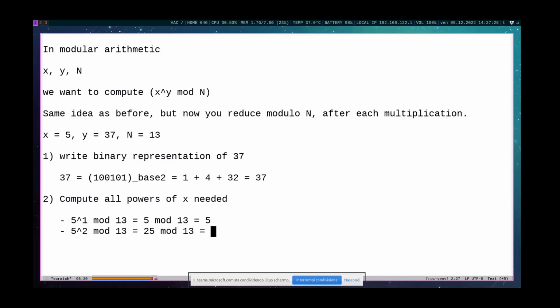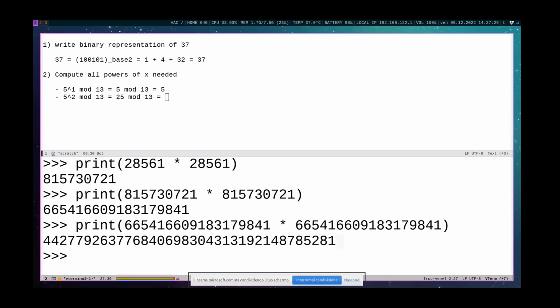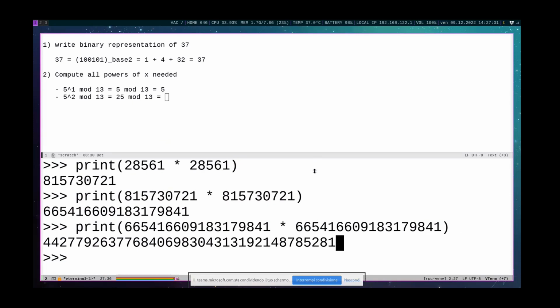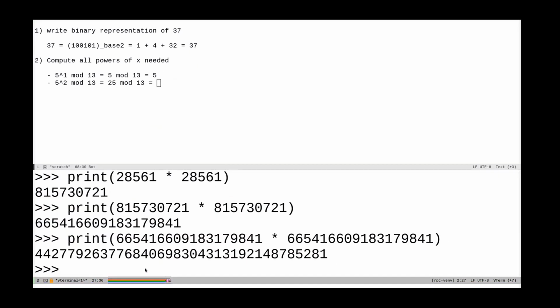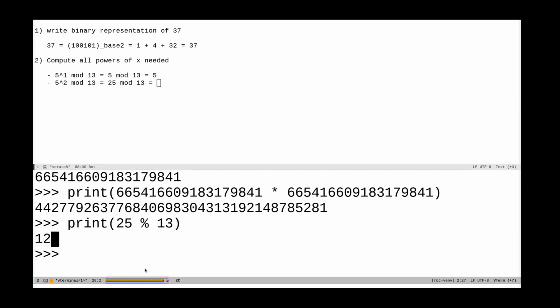And now we have to reduce, because 25 is higher than 13. 25 modulus 13 is 12. Then I do 5 to the 4 mod 13.